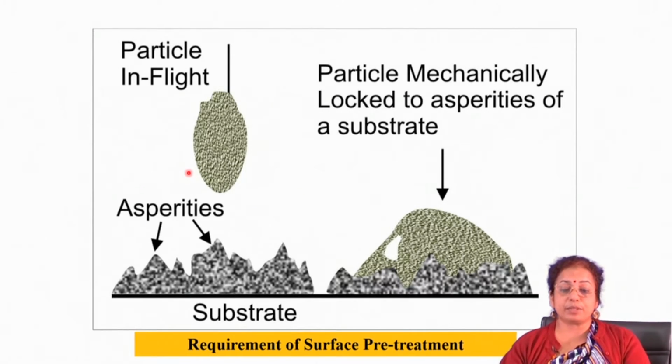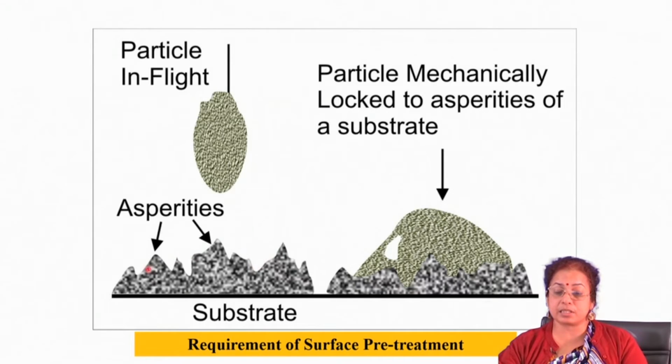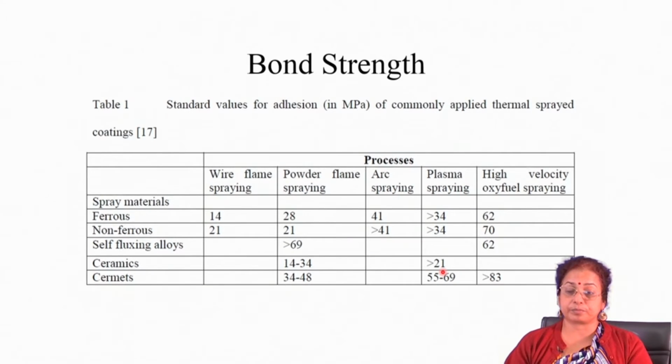As this figure shows, if there are asperities on the surface of the substrate, the molten material gets impinged nicely and locked onto the surface of the substrate. But it is desirable that asperities are regular in dimension, so that the degree of wetting is maximum and you get a very nice wettable coating onto the surface of the substrate.